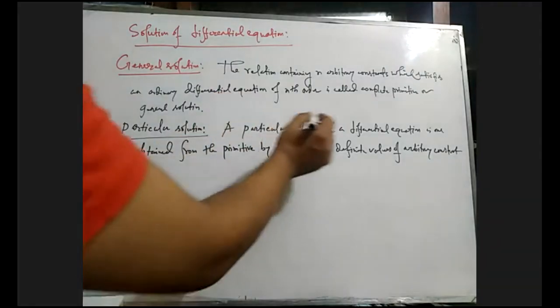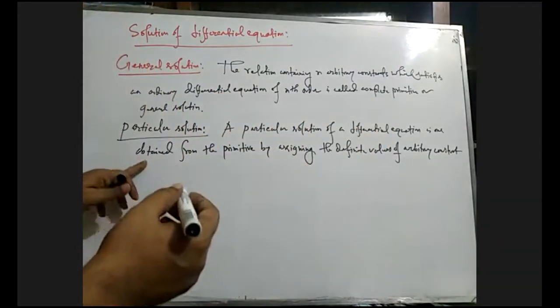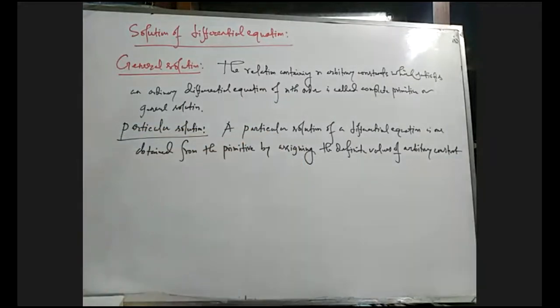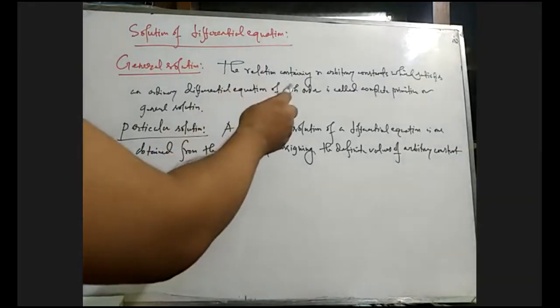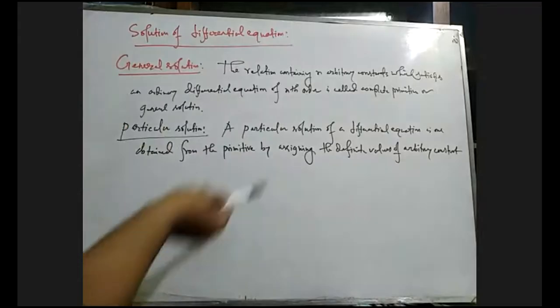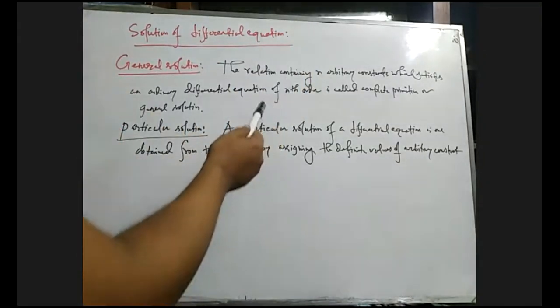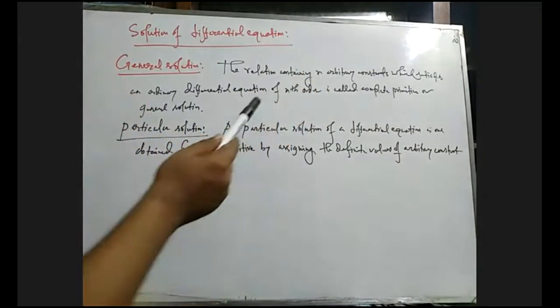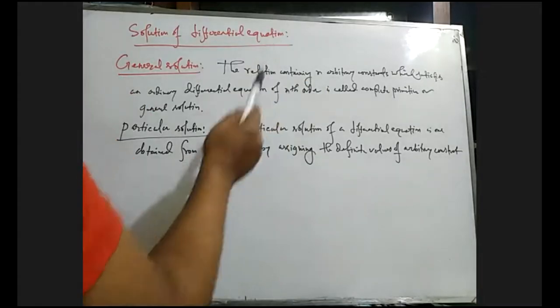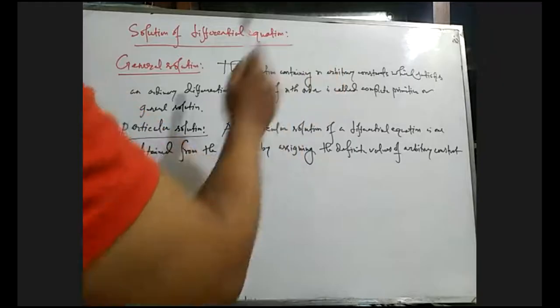So if in any nth order ordinary differential equation we get n arbitrary constants, for second order we get 2 arbitrary constants, for third order 3 arbitrary constants, and for fourth order 4 constants.